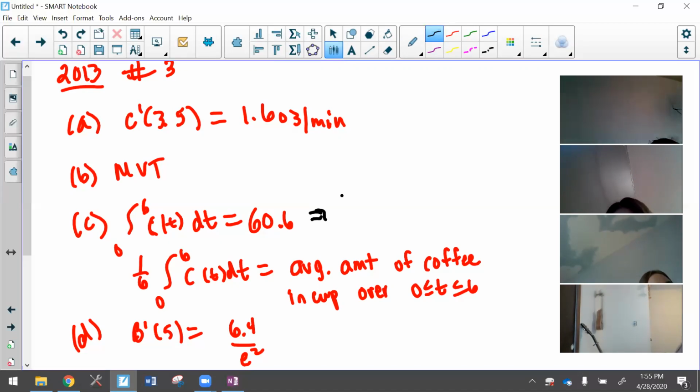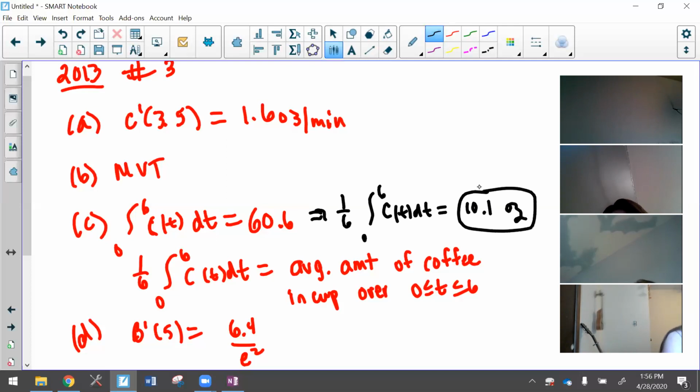So that implies it, so 1/6 of that would be equal to 10.1, I think it's ounces. Was that your question, Sarah? Can we just go over how you got that? Sure. So that should really be what your answer is. I apologize, I had it squared, but I couldn't figure out why.